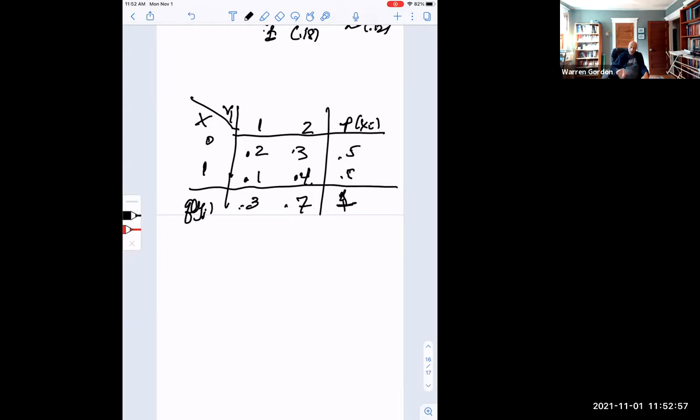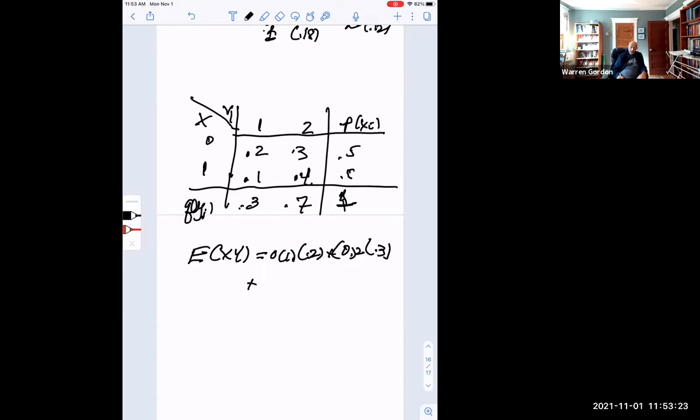Okay, so let's suppose I made up this table. So again, I want to compute E of XY. So it's all possible products, but notice in the first row, it would be 0 times 1 times probability 0.2 plus 0 times 2 times 0.3.